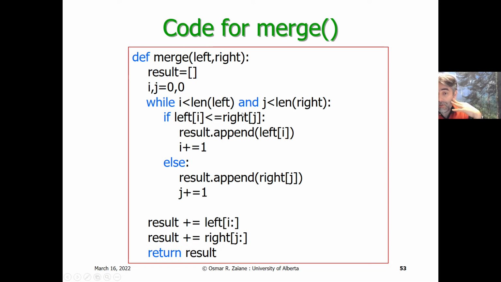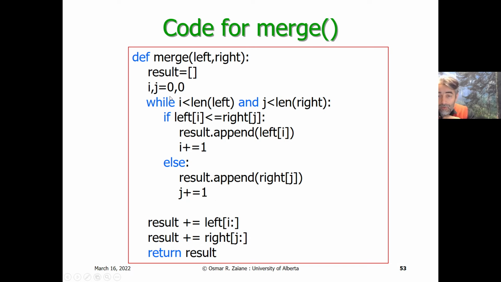If left is smaller, then left is appended to result, and I move forward with i = i + 1. Else, it's the opposite: I append right of j to result, and I move forward with j = j + 1.